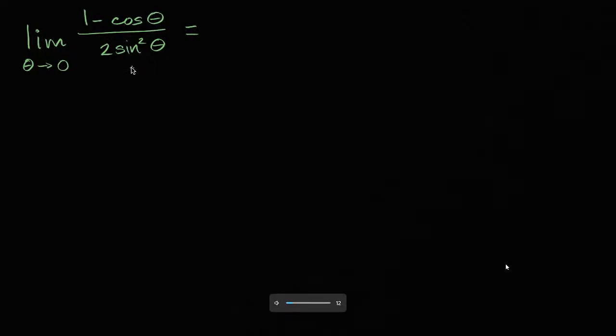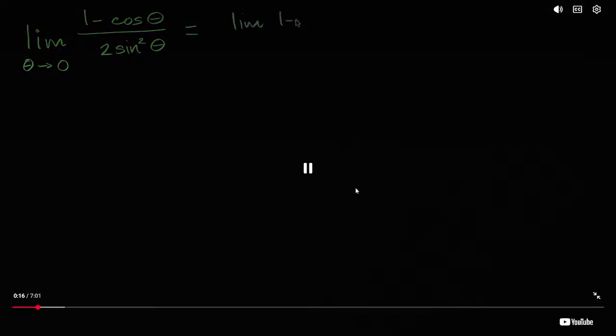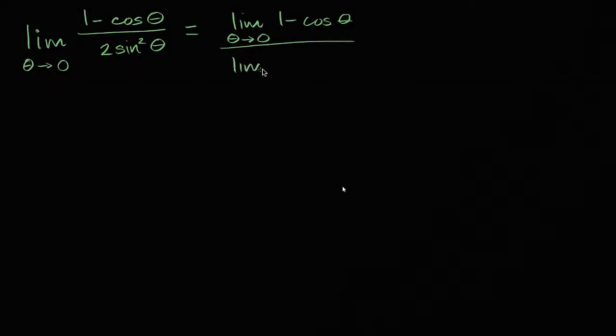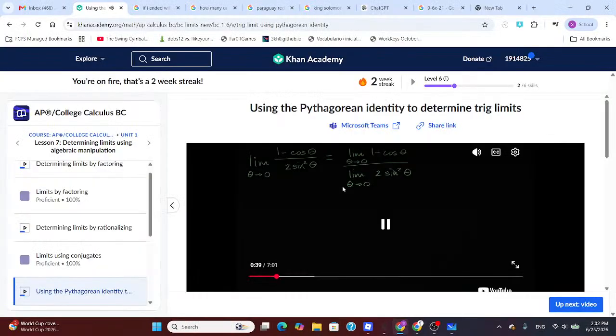All right, well, our first temptation is to say, well, this is going to be the same thing as the limit of 1 minus cosine theta as x approaches, or not x, as theta approaches 0, of theta as theta approaches 0, over the limit as theta approaches 0 of 2 sine squared theta. Now, both of these expressions, which could be used to define a function, but they would be continuous if you graph them.